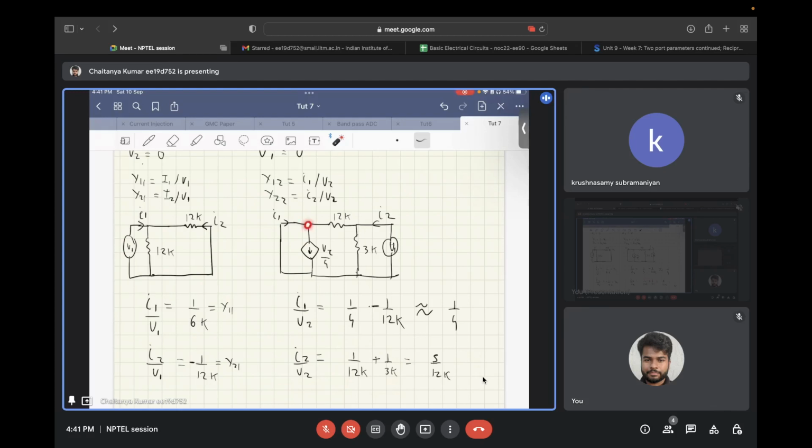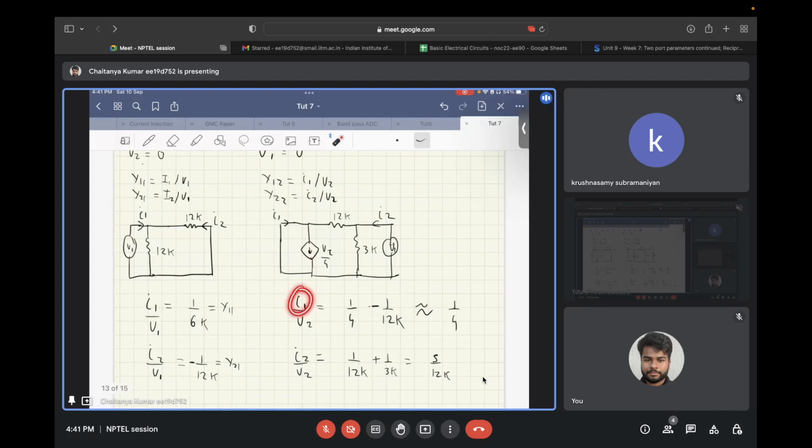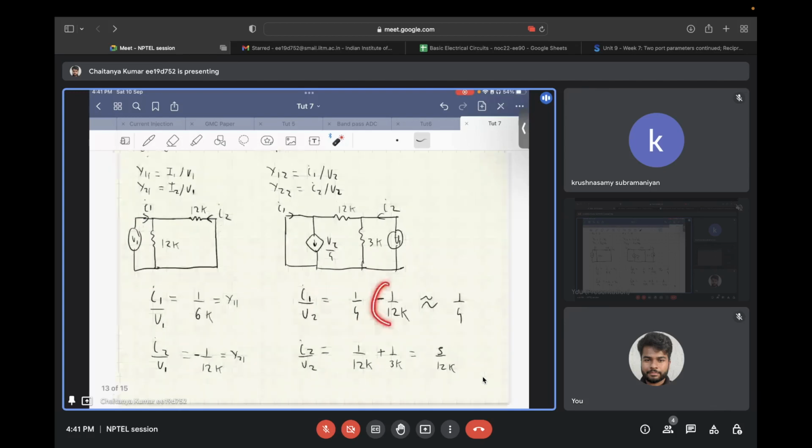However, for I1, a current of V2 by 12 kilo ohms is flowing in this direction, and a current is being pulled out because of the voltage controlled current source in the opposite direction. So I1 will be 1 by 4 minus 1 by 12K, and the 1 by 12K can be neglected as it is a much smaller quantity than 1 by 4. So Y21 is approximately equal to 1 by 4.